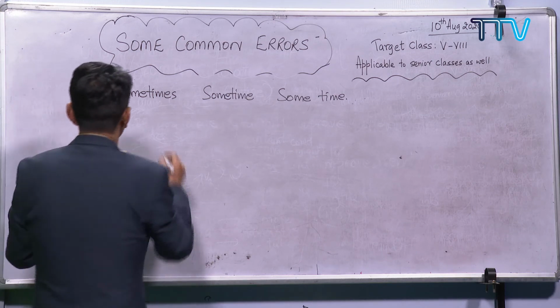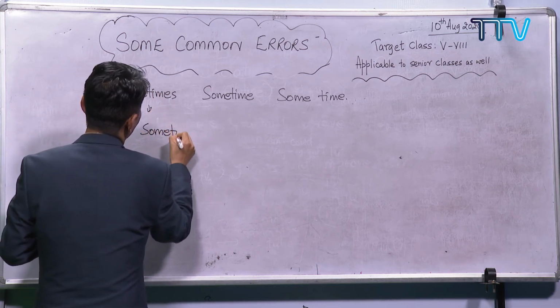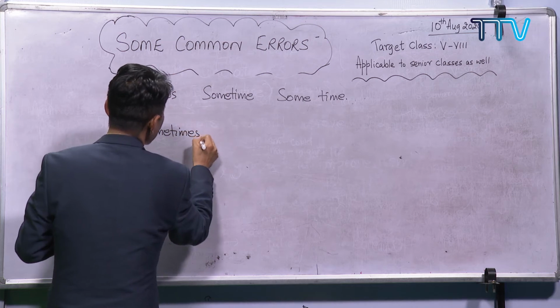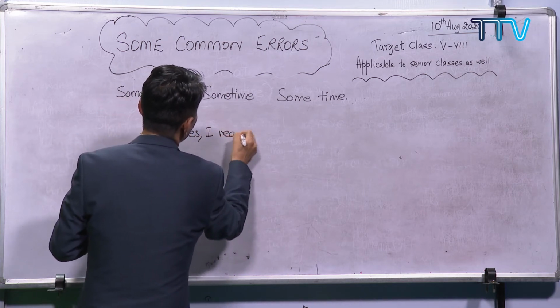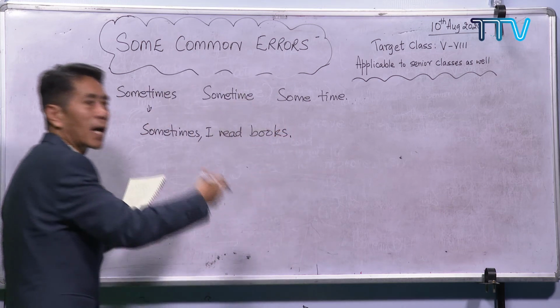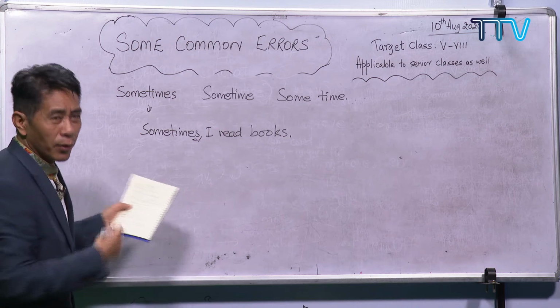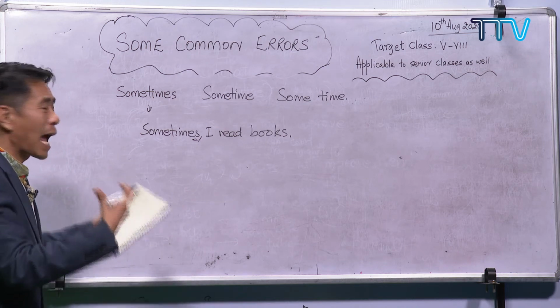So this one, "sometimes", talks about times, a habit like this. Sometimes I read. Sometimes I play. This is with S. The "sometimes" which has got S, you can easily understand. It is a habit like this.